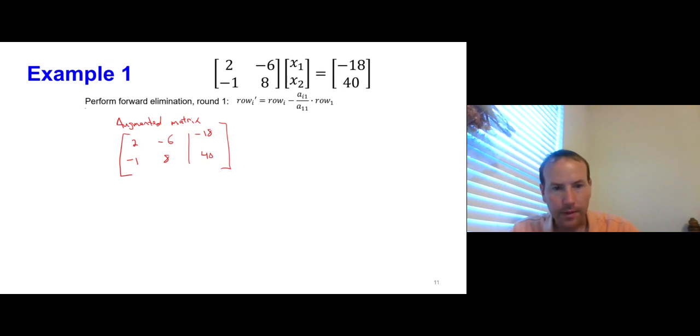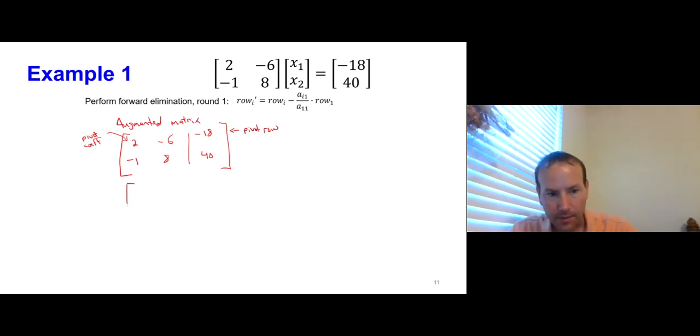Okay, and then what we're really going to need is to pay attention to this is the pivot coefficient right here, and this is the pivot row. So that means that we're not going to make changes to this row, but we're going to modify the other row based on the pivot row.